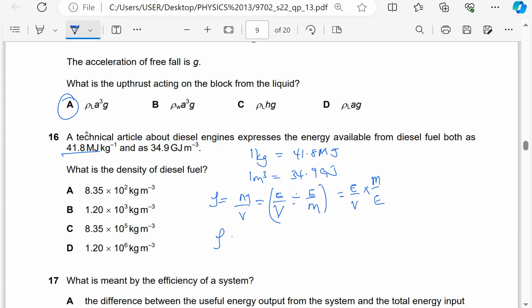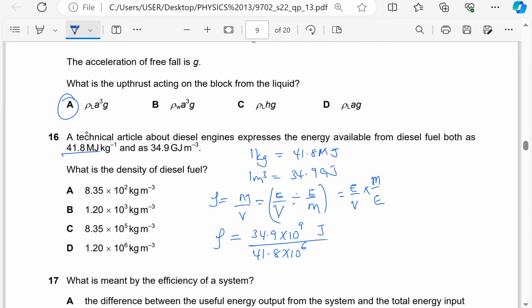So it means the density here is going to be the energy divided by volume, or energy per unit meters cubed, which is 34.9 times 10 to the power of 9, giga. This is the first quantity, E over V, then divide by, or multiply by the reciprocal, 41.8 times 10 to the power of 6, that is mega.